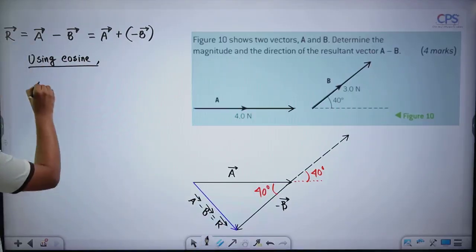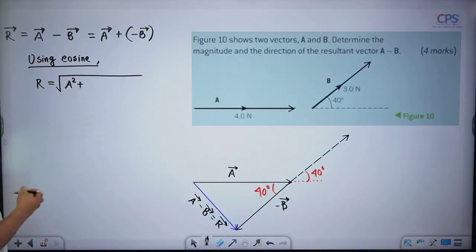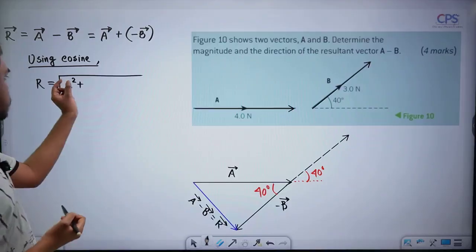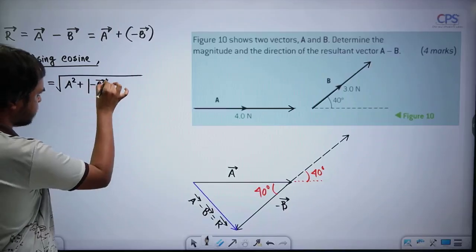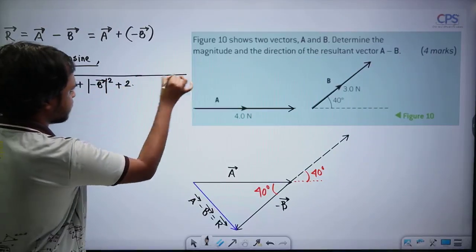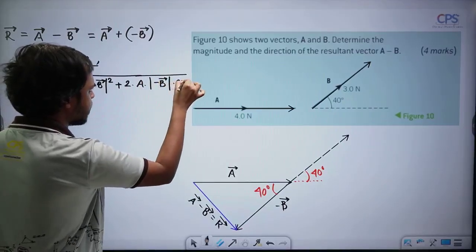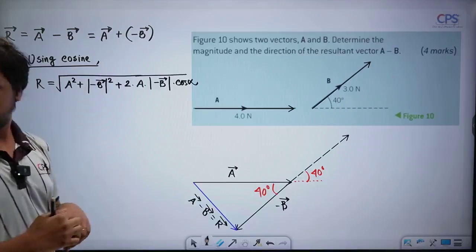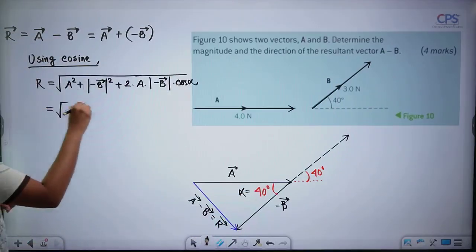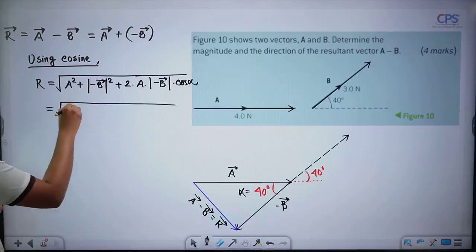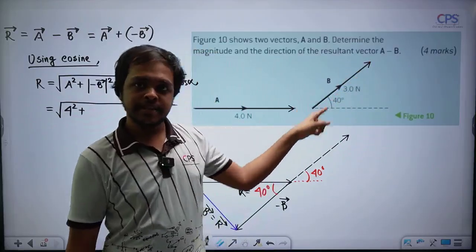So using the cosine rule, R equals root over A square plus minus B's value square, plus 2 times A vector's value times minus B vector's value times cosine of alpha. Which one is alpha? Alpha is this one, right? So how much is the A vector? 4. How much is the B vector? See, the value of the B vector remains the same while reversing.